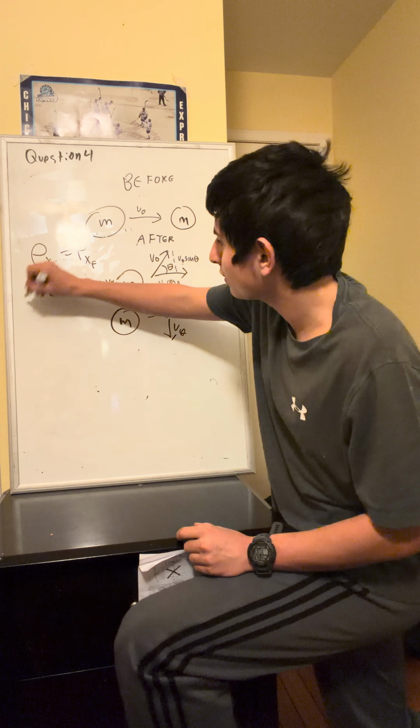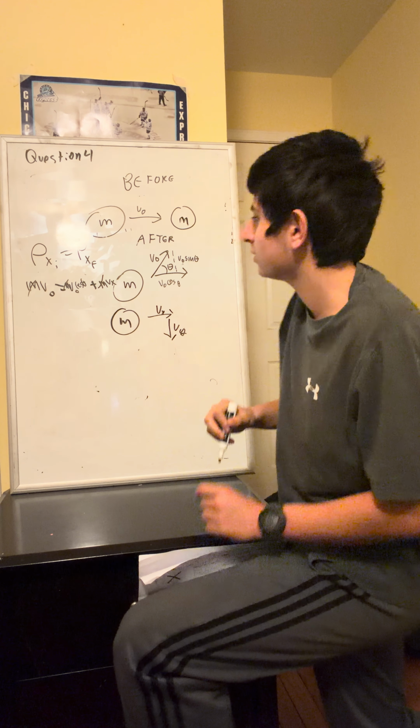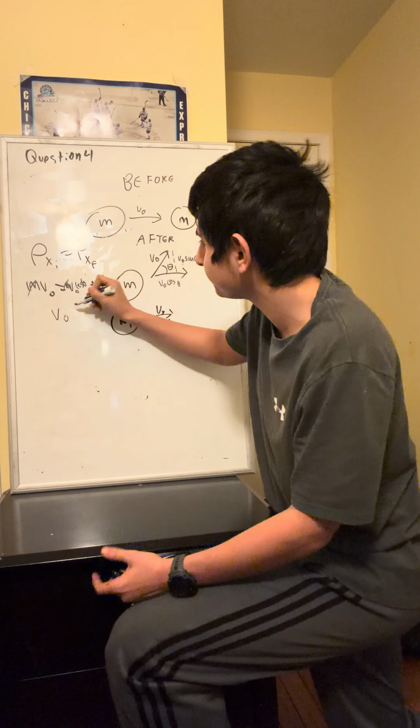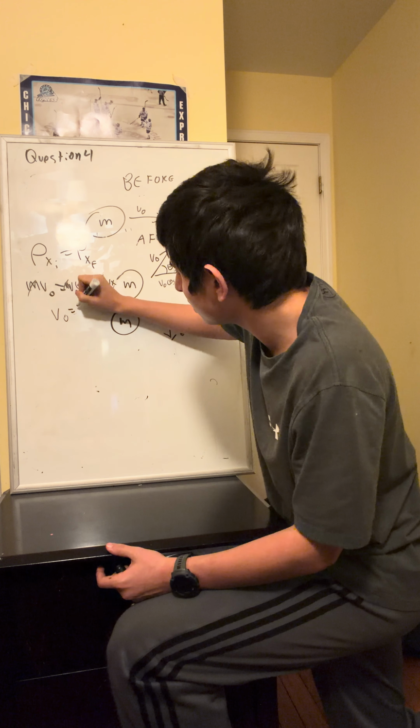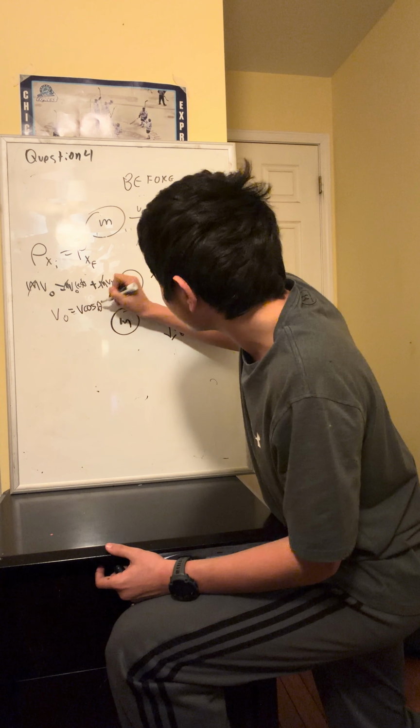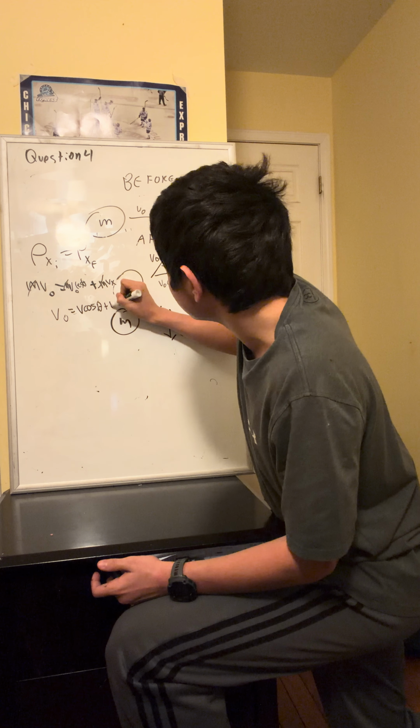So we can first eliminate all the m's because we can divide it all by that. So V0 equals V0 cosine theta plus Vx.